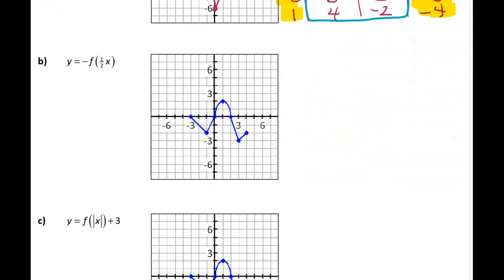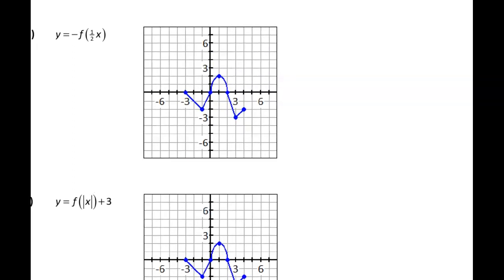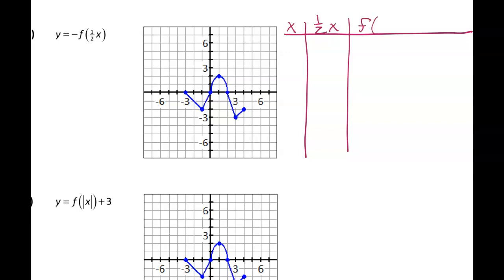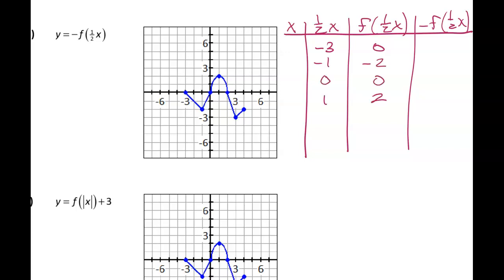Let's take a look at B, y equals -f of 1/2 x. We can also do a table of values on this one. x, 1/2 x, f of 1/2 x, and finally the opposite of f of 1/2 x. The original points will go in those middle columns: -3, 0, -1, -2, 0, 0, 1, 2, 3, -3, and 4, -2.